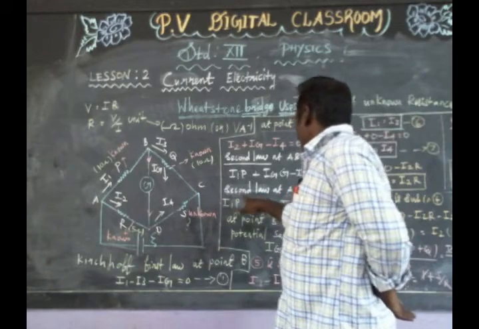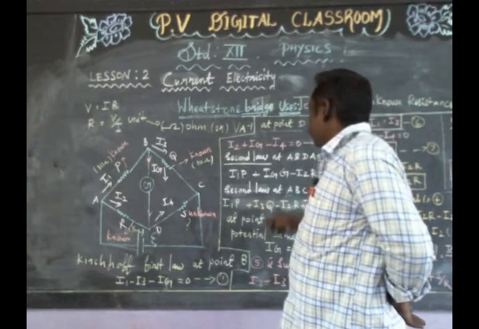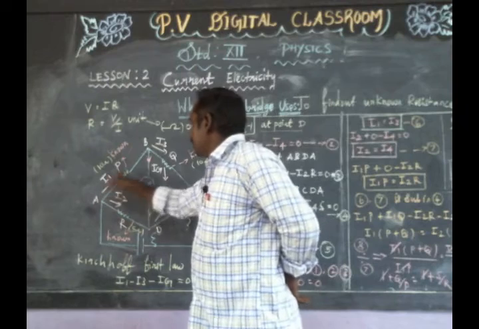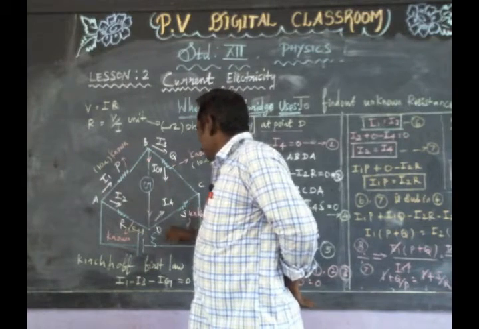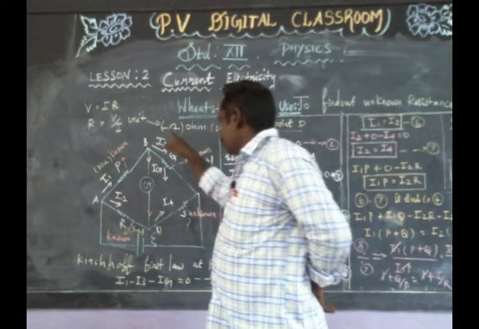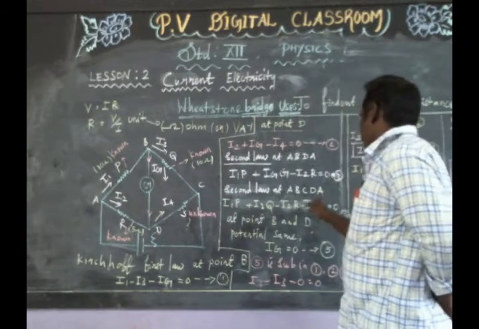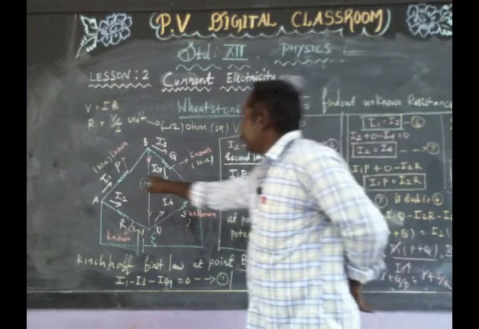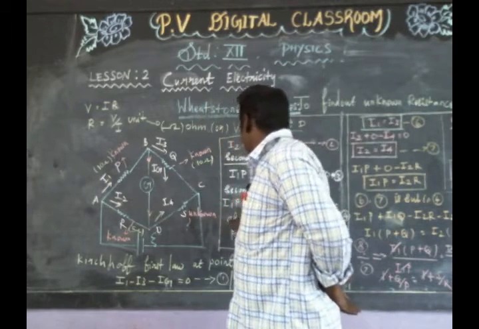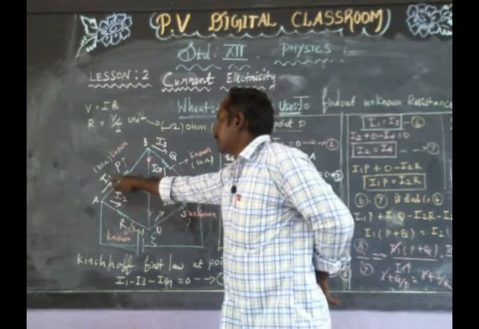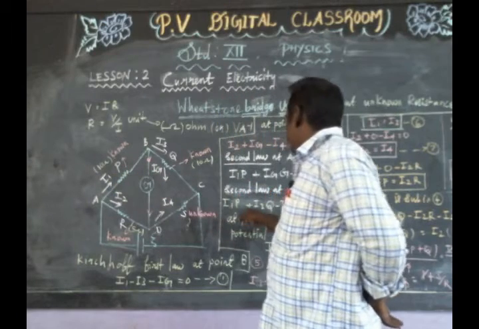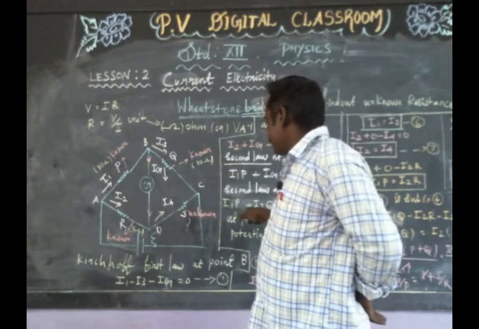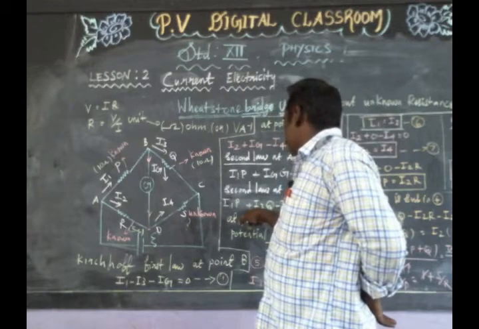Now apply the second law to the network A, B, C, D, A, which is square shaped. I1 with resistance P, the product is clockwise, taken as positive.